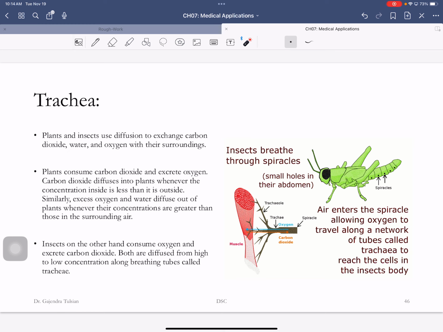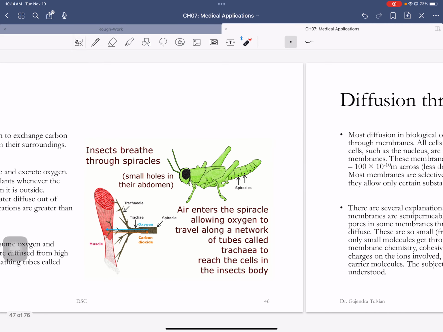This is only possible when you're small, so you don't have too many cells to supply oxygen to. When you start getting bigger, then you have to have other transport mechanisms because you can't have too many of these branching tubes.